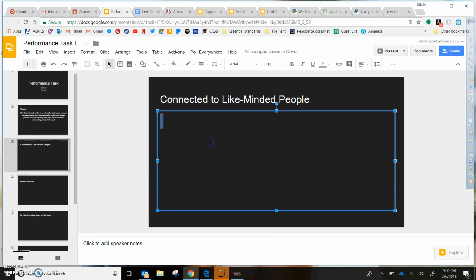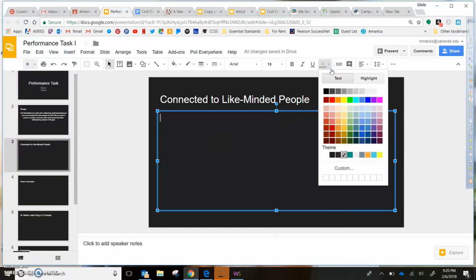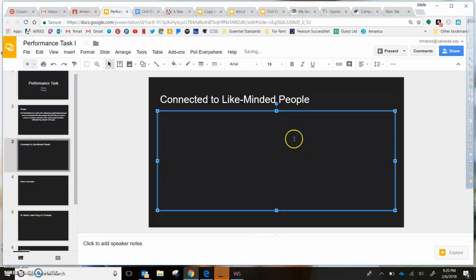Like, for example, in terms of becoming connected, I know that when Black Lives Matter first started, Black Twitter was one of the ways in which people became connected and how Black Lives Matter became an actual organization.